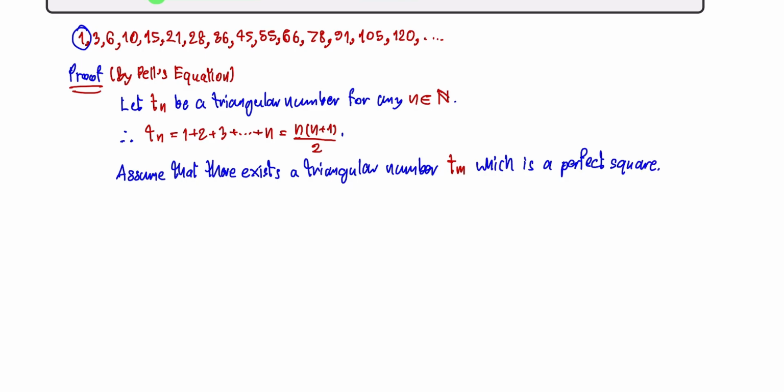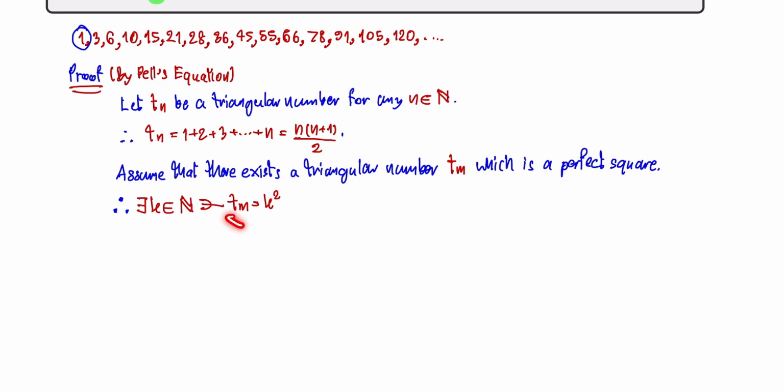So what happens if Tm is a perfect square? You must be able to write Tm as a square number, right? So you must be able to find, let's say, a positive integer k such that Tm equals k squared.